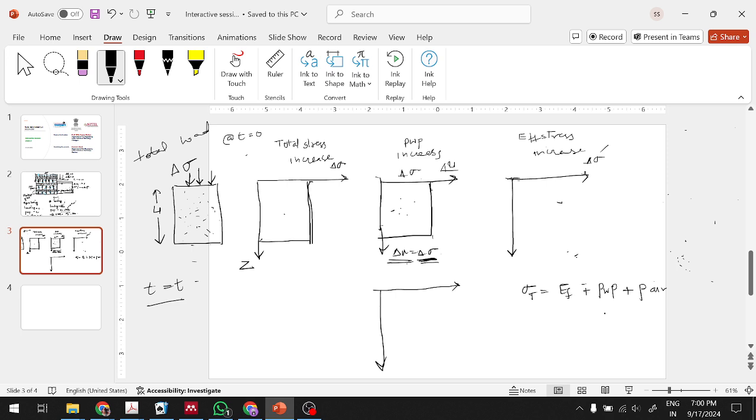Okay, so pore water pressure we take as U, but pore air we will take as this is chi times. I have to refer to a book. Just one moment.